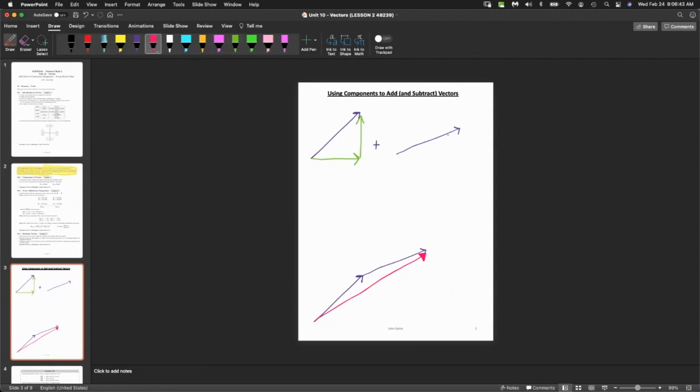And I'll use a different color here because it's good to see all the different references here. So if I take that one and then that one there, these are right angle triangles. I am not really communicating that well there, but if you draw the vectors, they form a right angle triangle. So there's a right angle triangle there and there. The two vectors here in green are equivalent to the original vector here in purple.